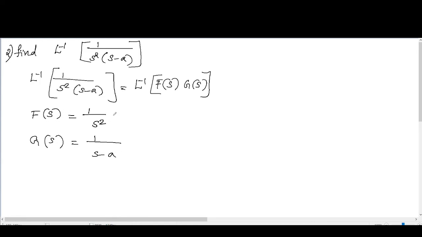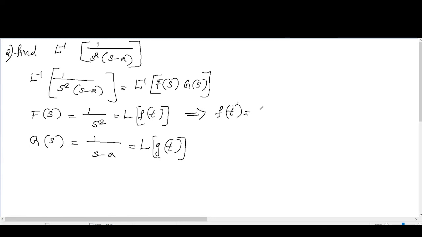Now f of s means L of f of t and g of s means L of g of t. So what is f of t? This implies f of t is L inverse of 1 by s square. Now what is L inverse of 1 by s square? t.